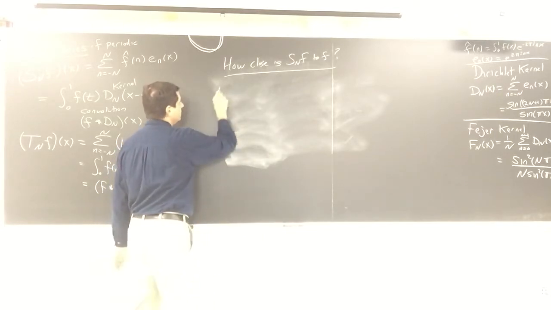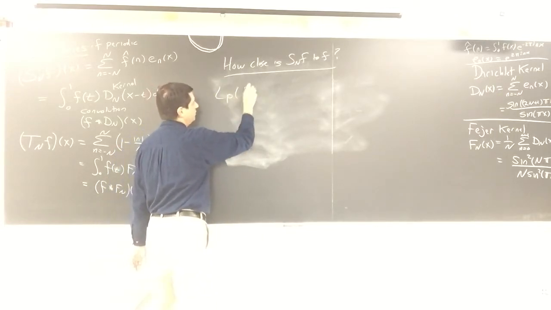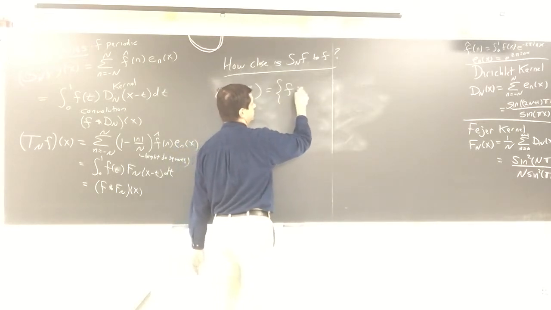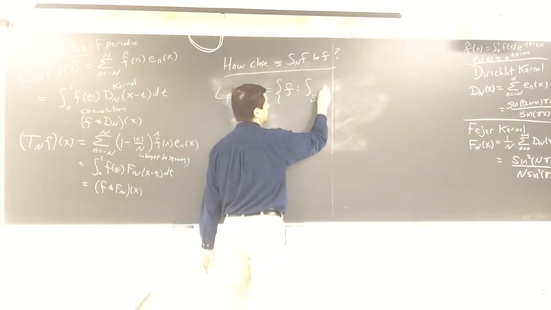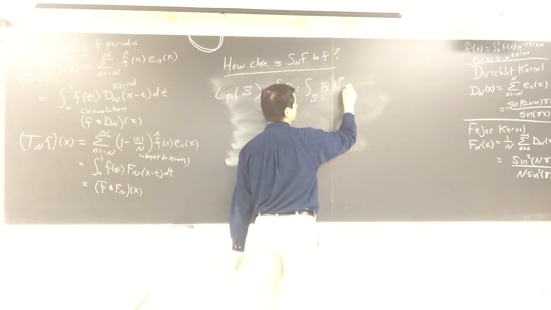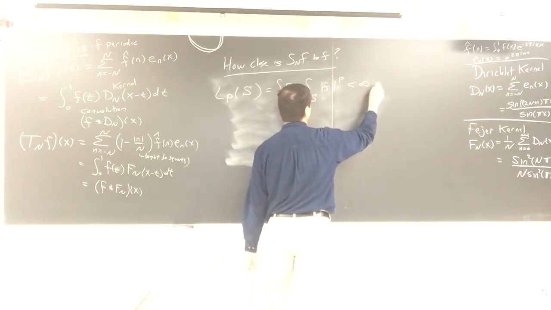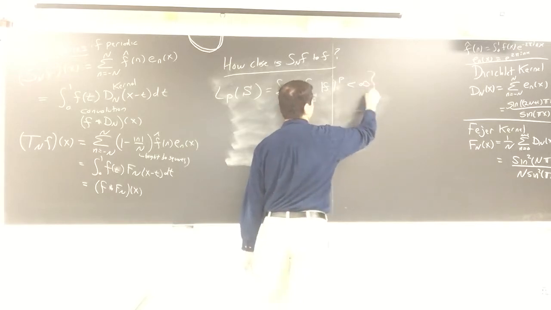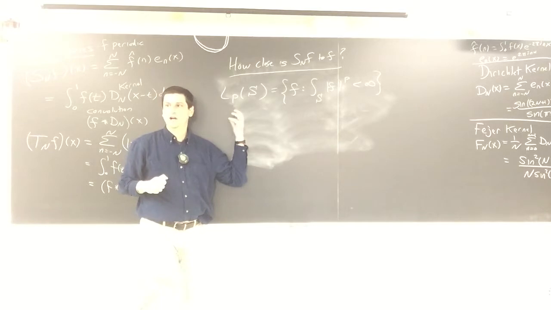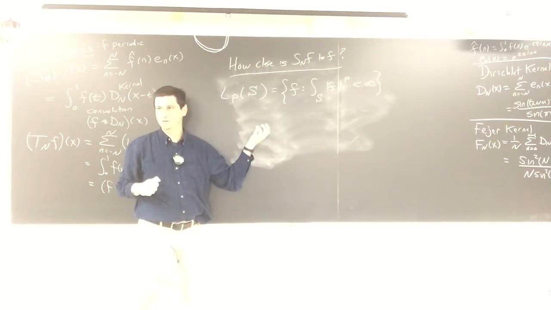So we say Lp of a set S is equal to the set of all functions f such that the integral over S of |f| to the pth power is less than infinity. So we will frequently look at functions that are either L1 or L2, and typically we'll look at functions on [0, 1], or minus infinity to infinity.